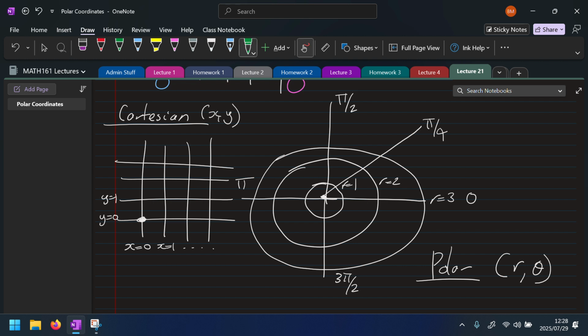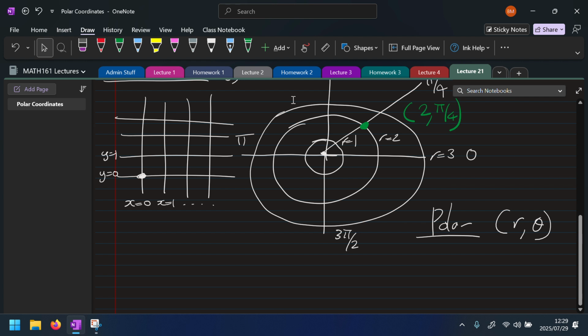For example, this green point over here is on the second circle. It has r equals 2, and it's on that line with angle pi over 4. So that coordinate is given by (2, pi over 4). The radius is 2, the angle is pi over 4. So this green dot is at (2, pi over 4). We use those two bits of information to say where that point is.